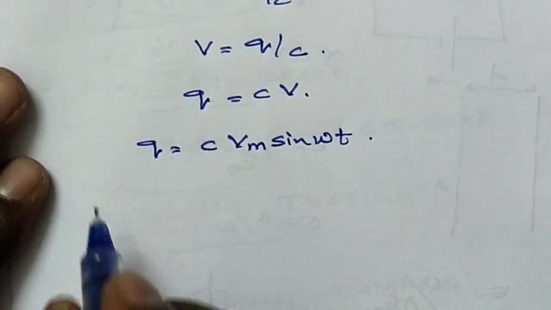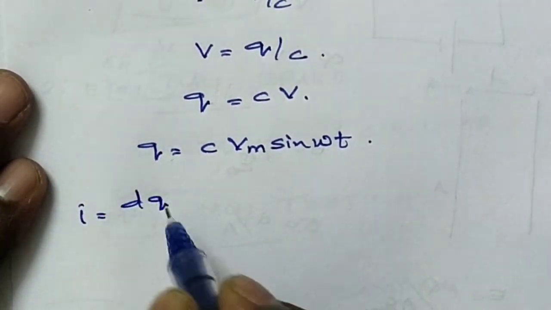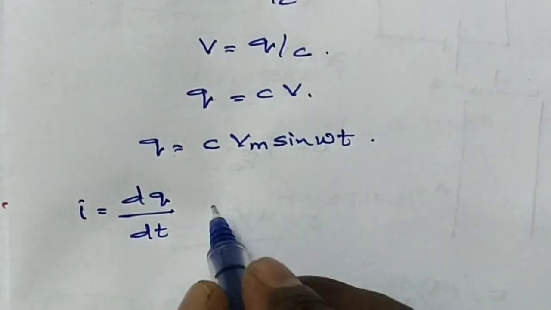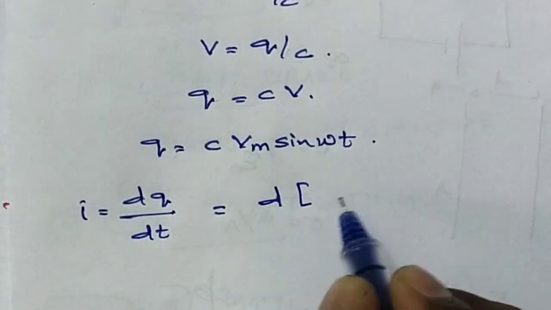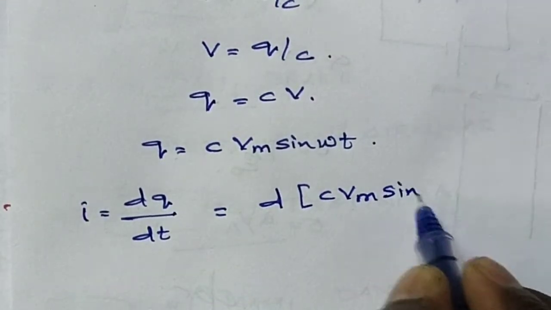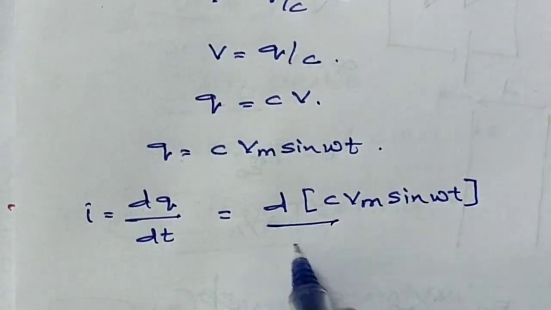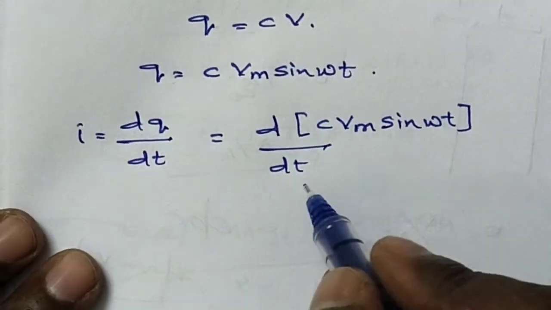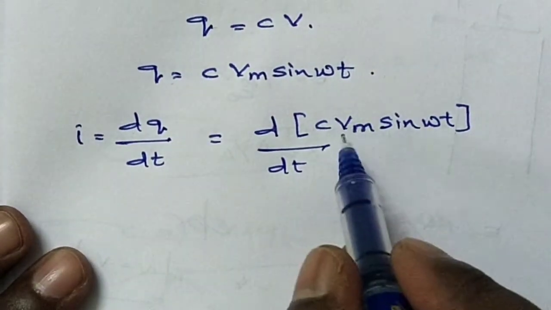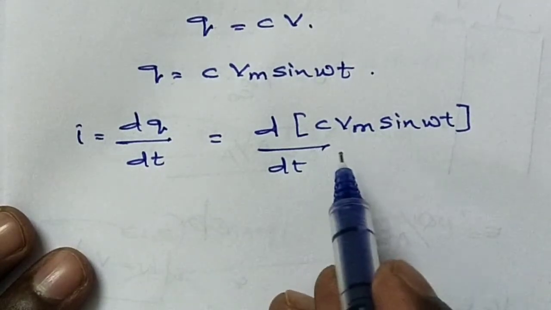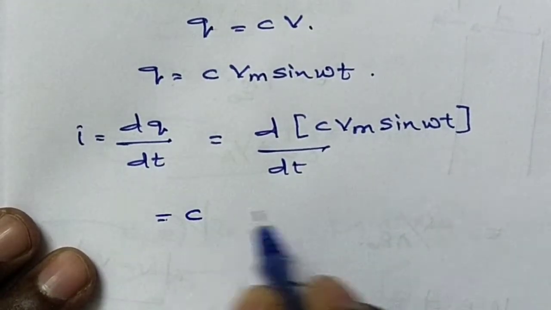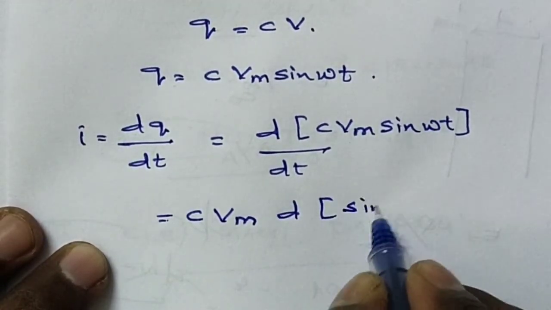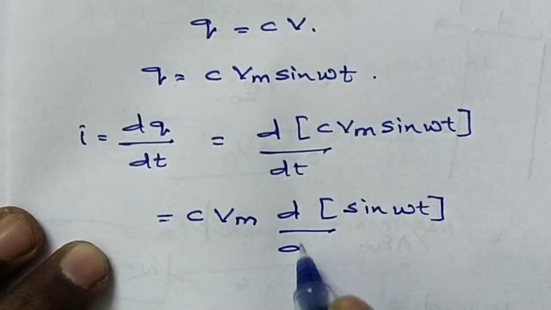We already know the current equation: I equal to dq by dt, the instantaneous current. Substituting, I equal to d of C Vm sin omega t divided by dt. Differentiation depends on time only, so C and Vm are constants and are taken out: C Vm d sin omega t by dt.